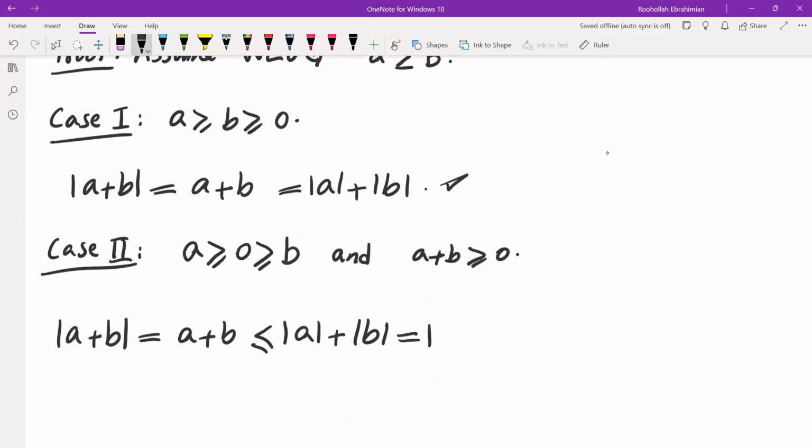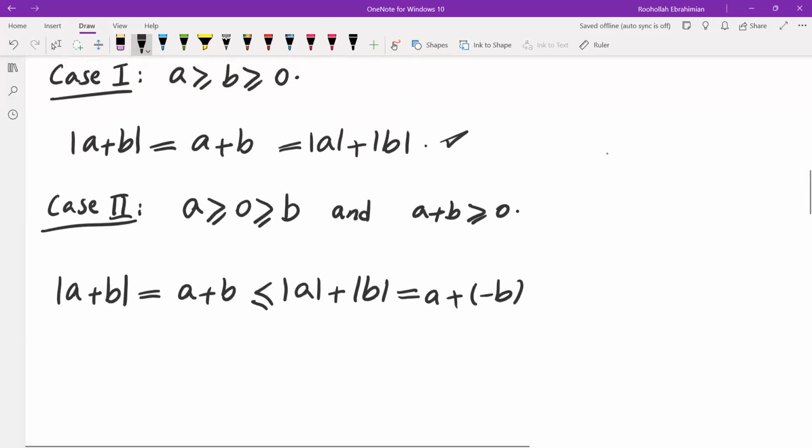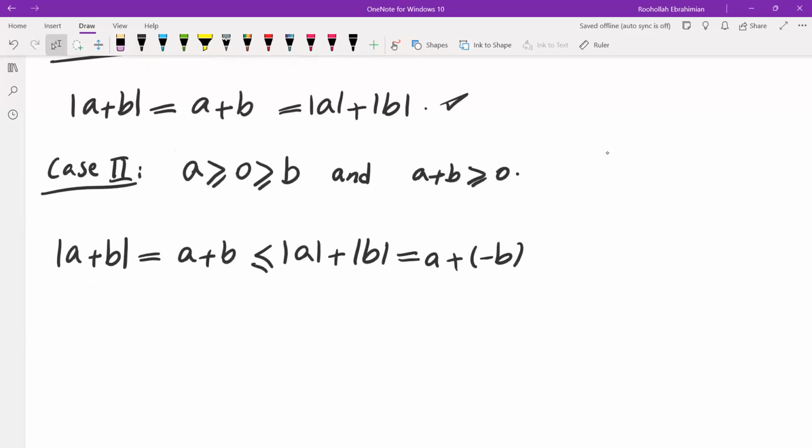Because this is an absolute value, this is a, and this is negative b. And of course, negative b is greater than or equal to b, because negative b is non-negative, but b is non-positive. So that's the second case.